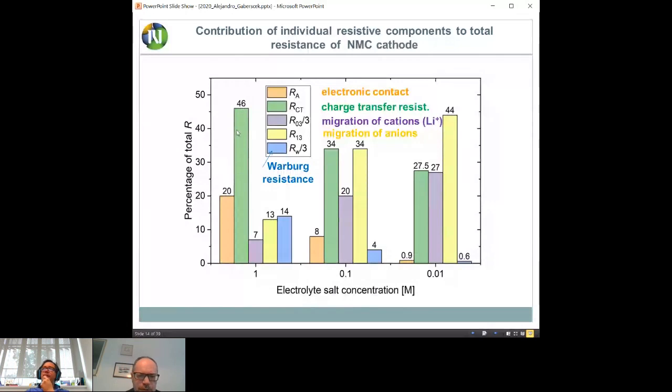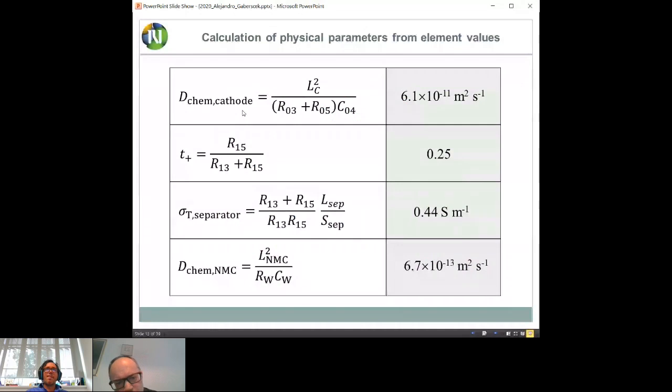Now, of course, this may be very interesting for practice, because if you see that your charge transfer resistance is big, you try to decrease particle size, whatever, something that you decrease this and you have a smaller total value. Of course, because this is a physics-based approach, you can calculate any kind of physics parameters that appear in PNP or Newman's model, like this.